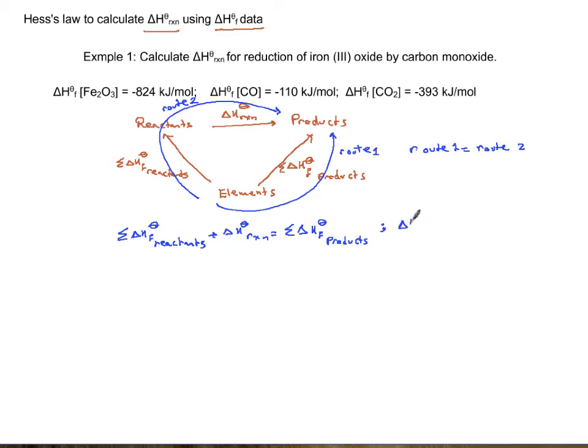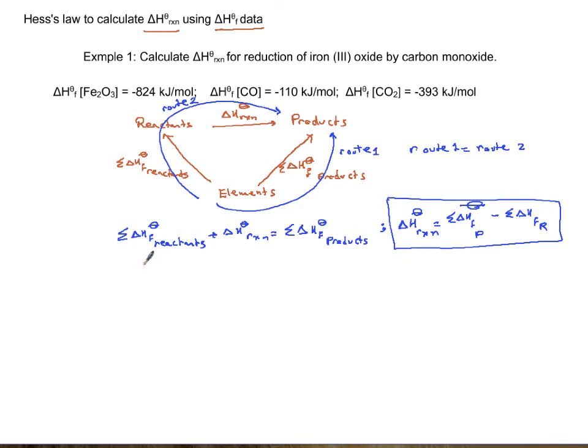So this is an equation that you can remember, it always works. It's equal to sum of delta H formation of products minus sum of delta H formation of reactants. And then we are going to plug in our values. Let's just write the equation.